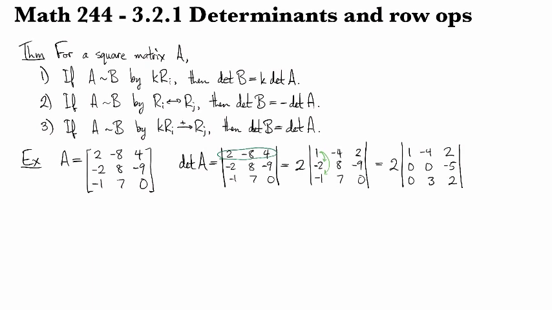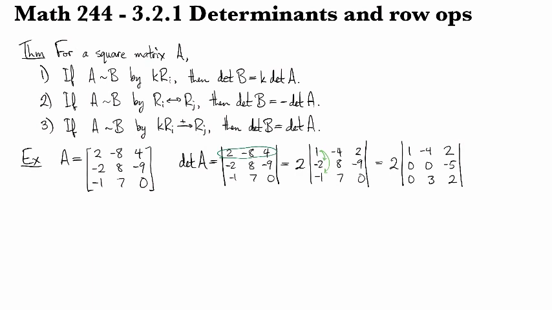Next, I'm going to do a row swap on row 2 and row 3, interchange those two. And from the theorem, now I'm using the second part, and it says that the determinant only changes by a negative sign.